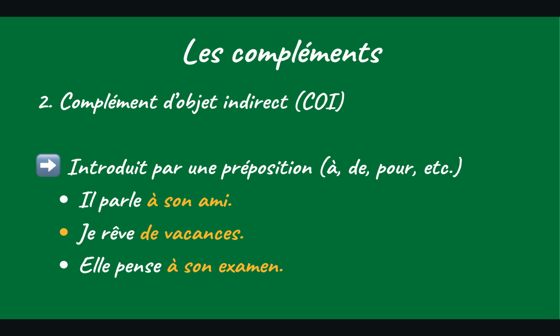The next one, je rêve de vacances. Here I will not ask je rêve quoi, but I will ask je rêve de quoi. De vacances is the answer to the question de quoi. So de vacances is the COI. Elle pense à son examen. Elle pense à quoi? À son examen. À son examen is the answer to the question. So it's the COI.